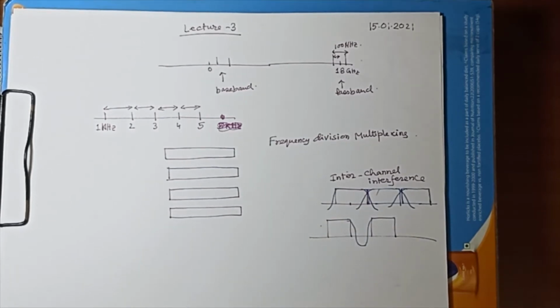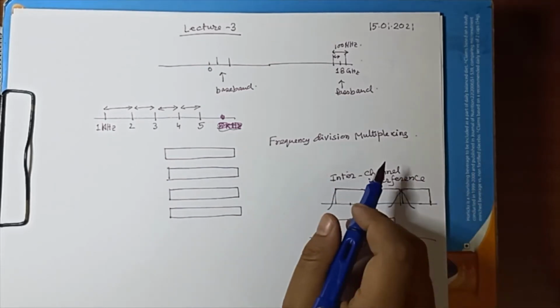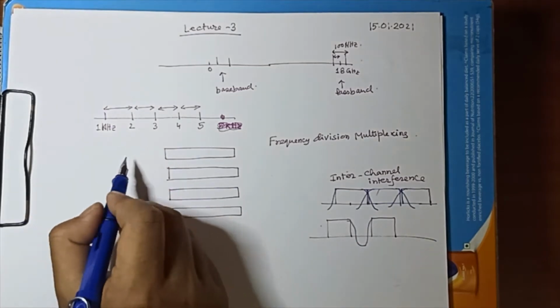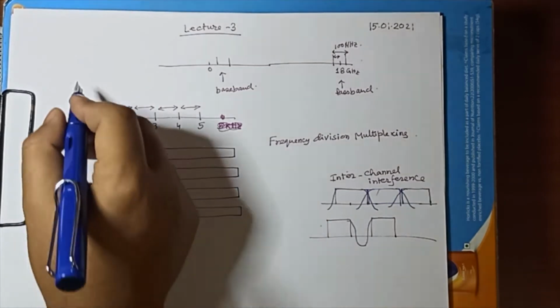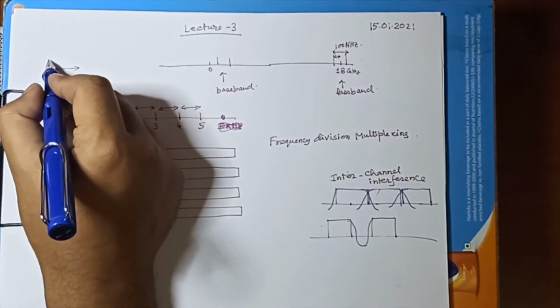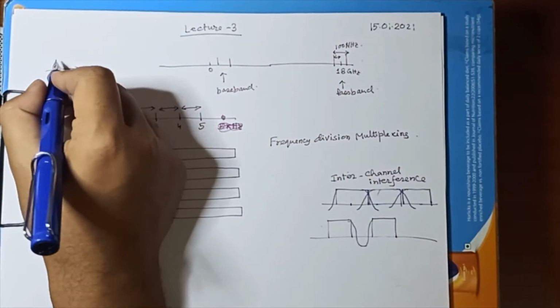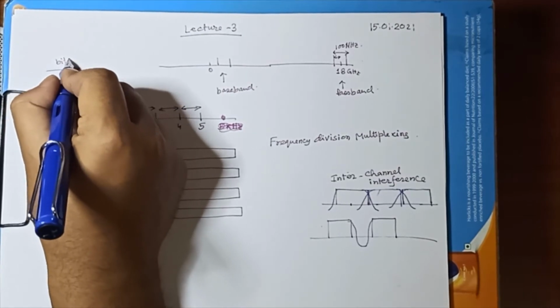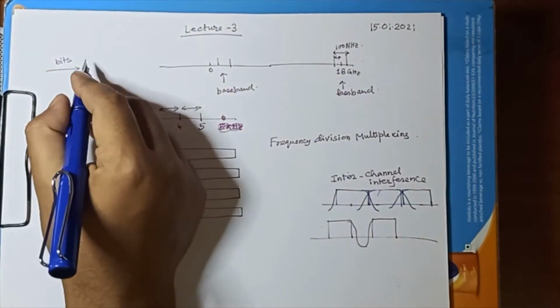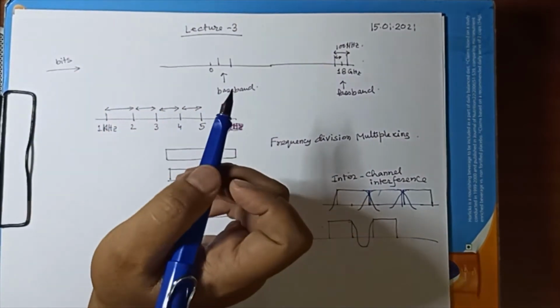Now in digital communication, the special thing which is coming in is not only frequency division multiplexing but also time limitation. In digital communication we know that from digital data, the binary bits coming in, for every bit you are giving a time window over which you are generating some baseband waveform.